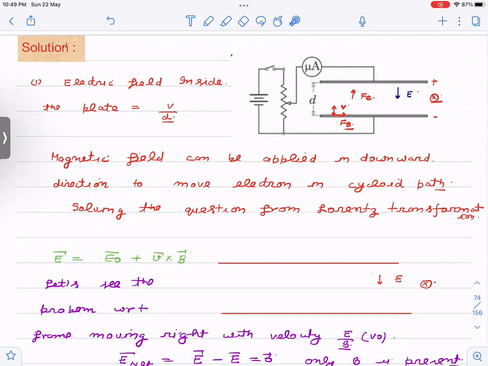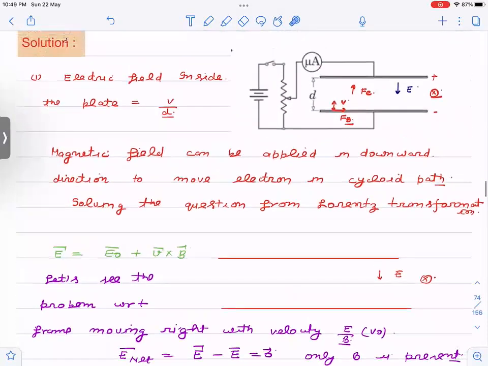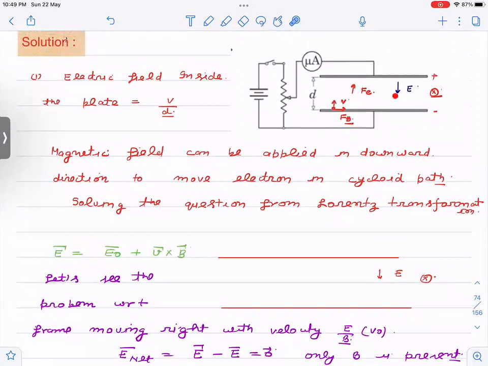Fine. For the cycloid path, if you have to solve it from differential equations, it's very long. So I will use another method, that is the Lorentz transformation. From that, you can solve it in just one line. The idea here is that right now the electron is subjected to electric and magnetic field both.